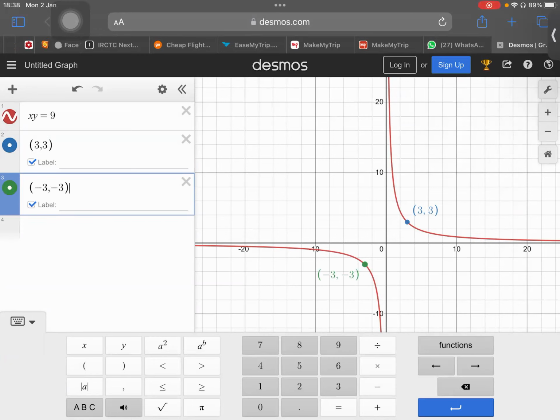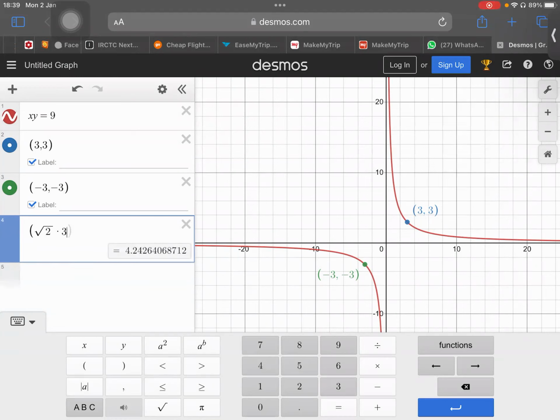Where will the focus lie? Root 2 times 3. How much is root 2 times 3? Okay, let's write it like this: square root of 2 into 3, square root of 2 into 3.